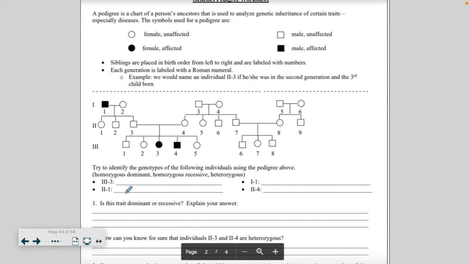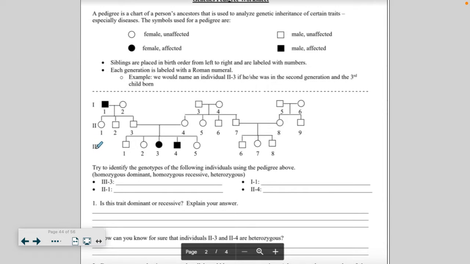Okay, so individual 3, Roman numeral 3, has the trait, and I don't think it says, but I think you're going to assume that it's recessive, and the reason for that is the pattern. We see it affects one individual in the first generation, and then it skips a generation, and then it comes back, and that's a pretty good clue that the trait that you were looking at is actually recessive.